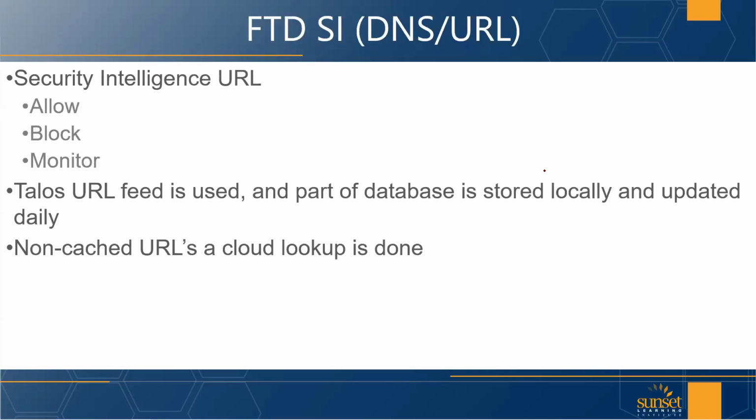SI, security intelligence for DNS URL, will allow you to allow it, block it, or monitor it. And again, the URLs come from Talos. They also come with categories and risks. So you could block a category called adult sites.